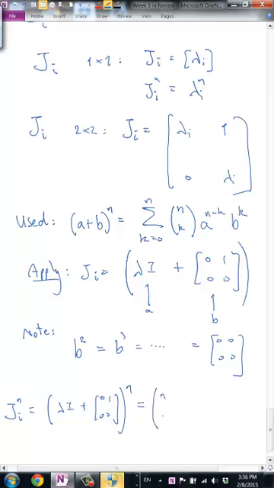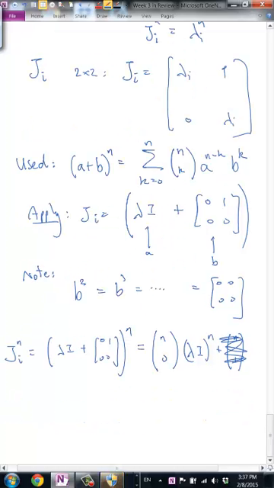So it's going to be n choose 0 times (lambda I) to the n, plus n choose 1 times (lambda I) to the n minus 1 times this matrix to the 1.